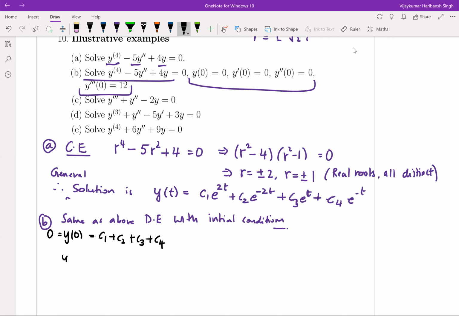Then y prime of 0. On one hand, it's given to you as 0. What is the derivative of this, though? The derivative is going to be 2c1 minus 2c2 plus c3 plus c4, and that is also 0.